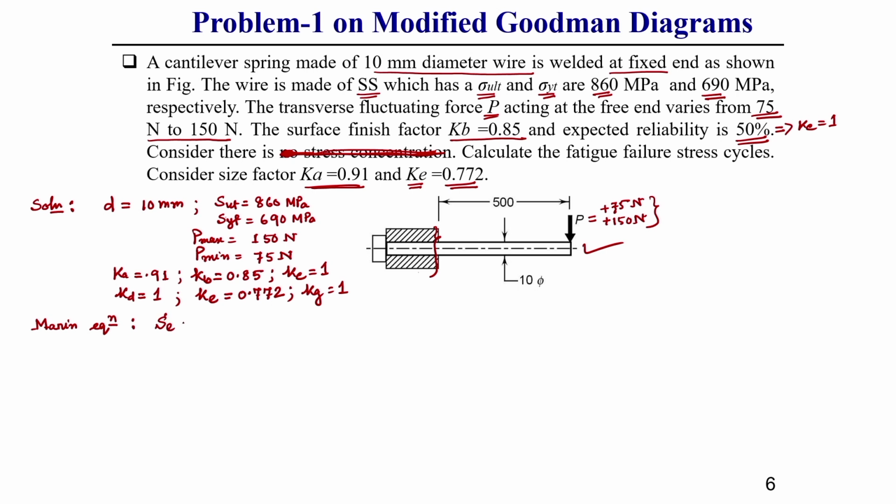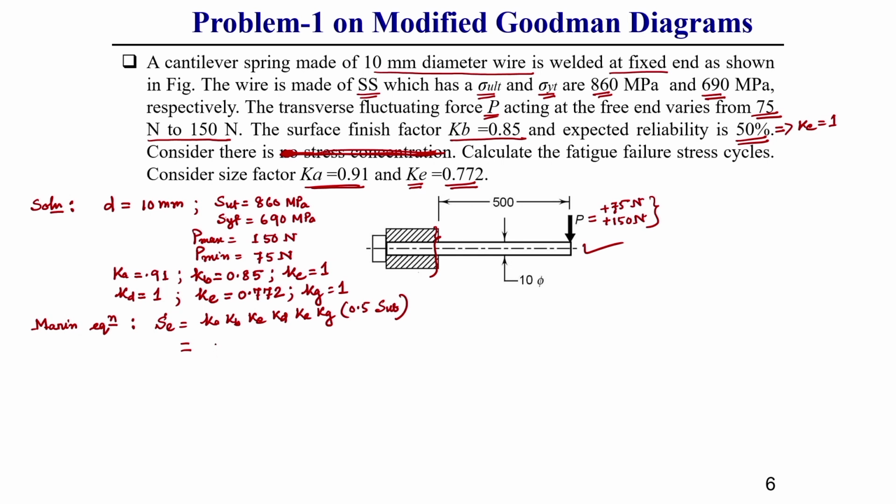Endurance strength Se is equal to Ka, Kb, Kc, Kd, Ke, Kg into 0.5 into S ultimate stress. We are all very well aware of this equation, because I have discussed it multiple times. Based on this equation, we need to find out the endurance strength value, that I am going to show.